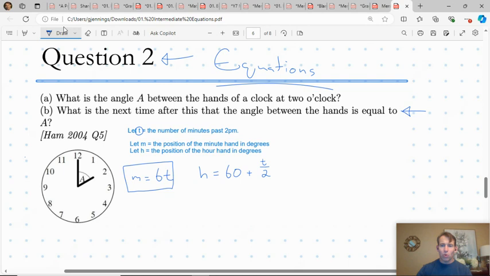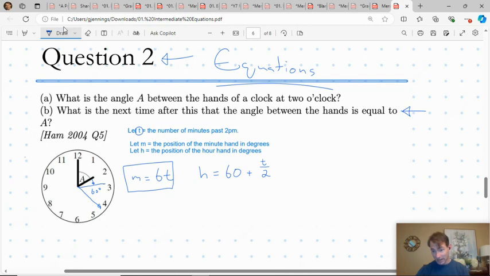Now, we want to find when the minute hand is going to be down there, somewhere about, and this one will have moved ever so slightly there, so that this is still 60 degrees. That's situation one.